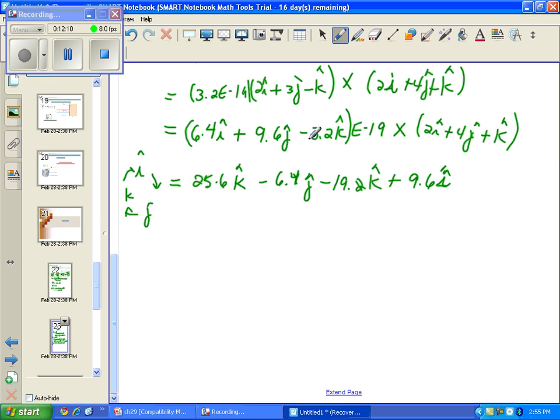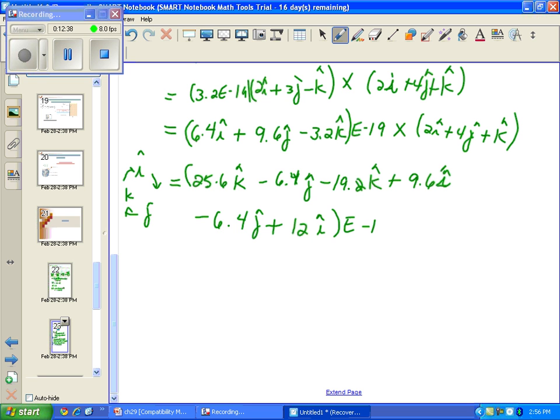Next, negative 3.2 k hat cross 2i hat gives us minus 6.4 j hat. Minus 3.2 k hat cross 4j hat gives us plus 12.8 i hat. And of course, all of this, oh, lastly, 3.2 k hat cross k hat is just 0.